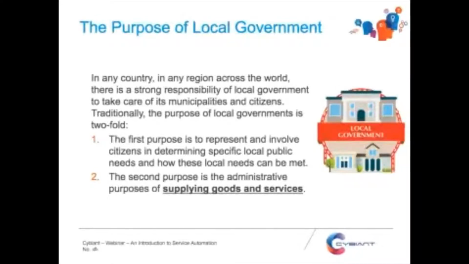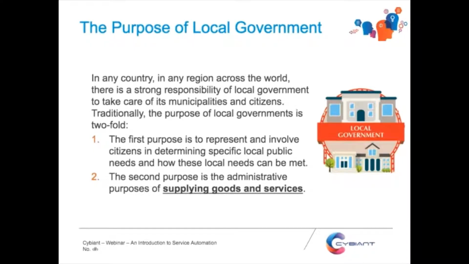It is to take care of their citizens. And traditionally, the purpose of local governments can be subdivided into 2 core elements. The first purpose is to represent and involve citizens in determining specific local public needs and how those local needs can be met. That is the policy part of a local government.